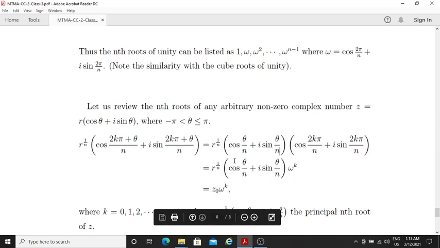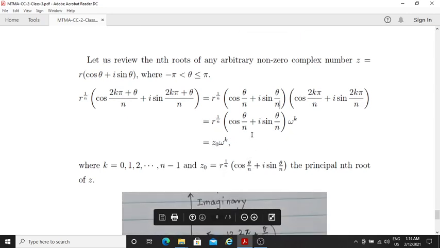If you simply denote the principal value by z0, then the kth root is z0 into ω to the power k. So for k equals 1, it will be z0 ω to the power 1, that means ω.